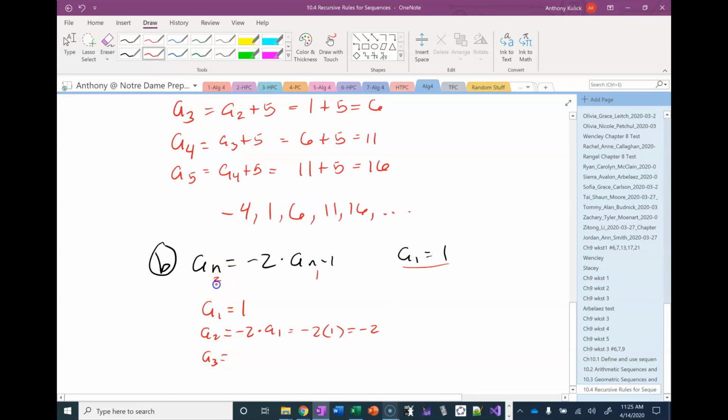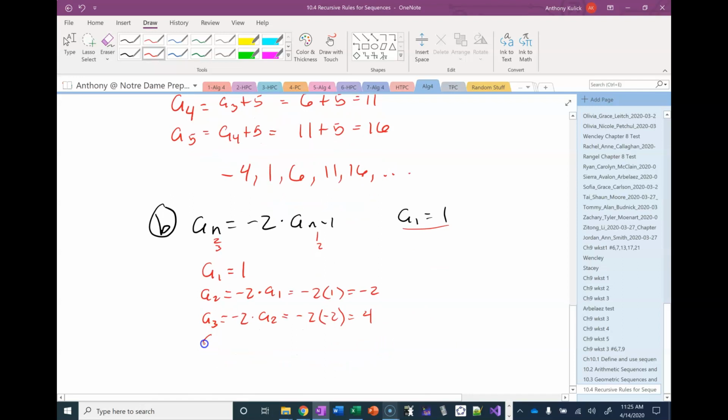The third term, so now n is 3. So n minus 1 is 2. So the third term is going to be -2 times the second term. And we know the second term is -2. So we get 4. Now let's do the fourth term. n is 4, so n minus 1 is 3.